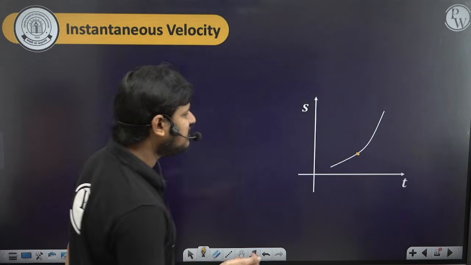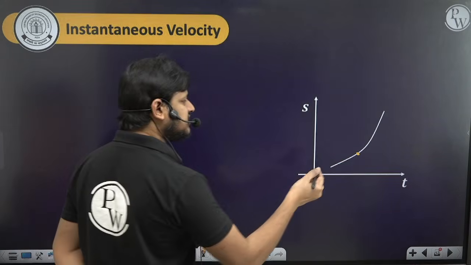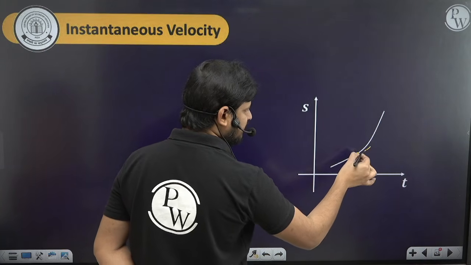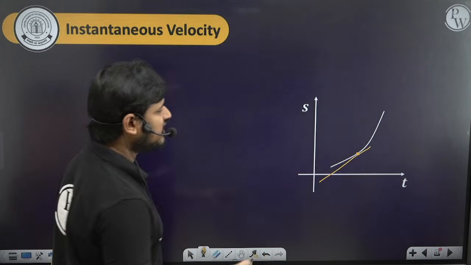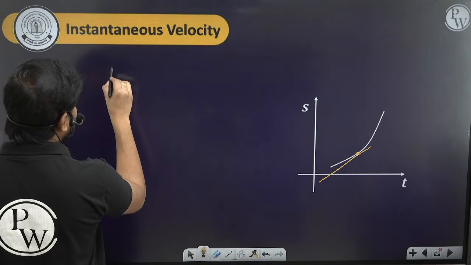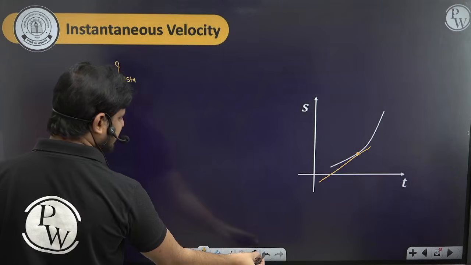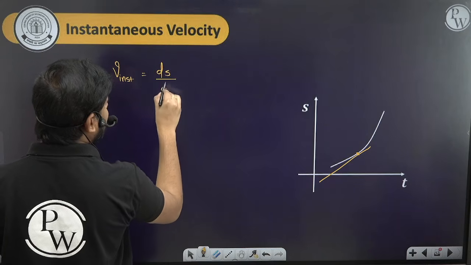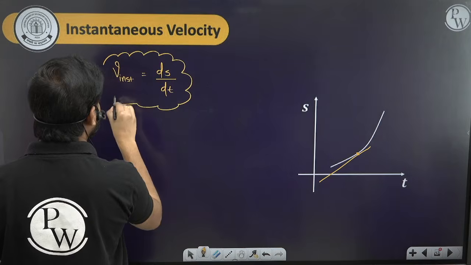So how do we find it? Wherever you have to find the velocity, just find the slope of the curve. Slope means just draw the tangent there. Or I can simply write, V instantaneous is equal to ds by dt.